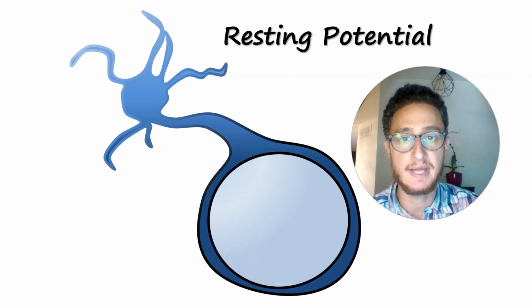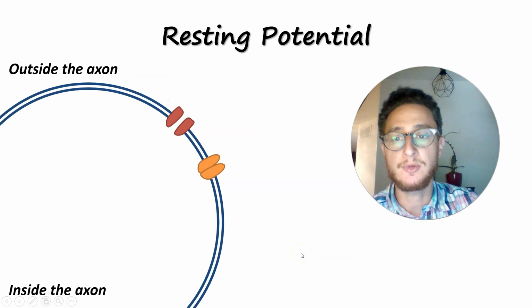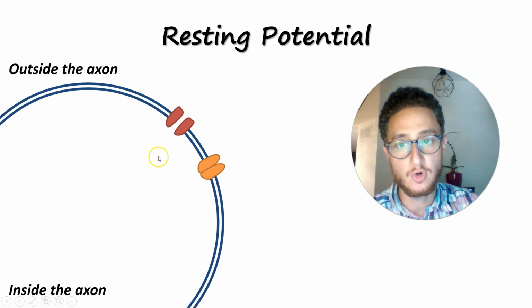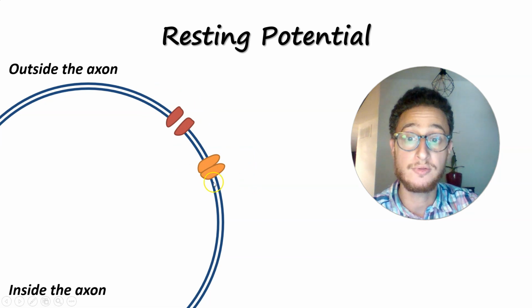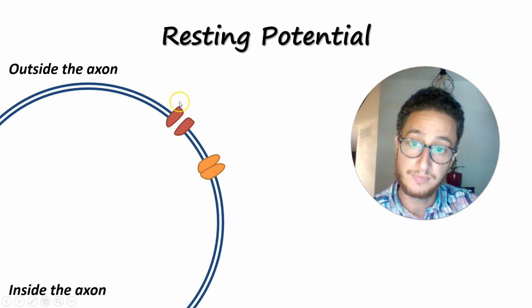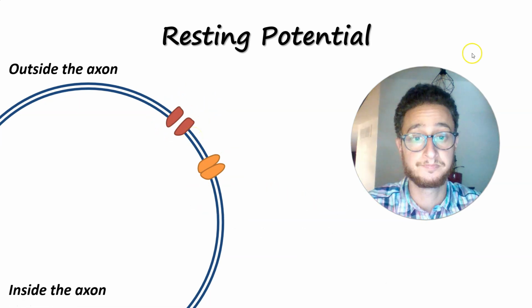Here you can see an axon, and we're looking at the inside of it in cross-section. And so I'm going to represent my ion channels with these symbols here. This is an open potassium channel, and this is a closed sodium channel. Both of these are voltage gated. At resting potential, the sodium ion channel is closed, and the potassium channel is open.